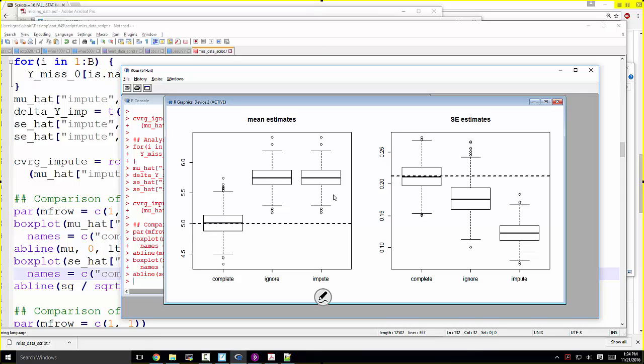So we're going to be replacing missing values with a new number, but that number we're going to plug in is going to tend to be bigger than the average. So here again, we overestimate the mean. The standard error estimates are both off in the ignore and impute cases.